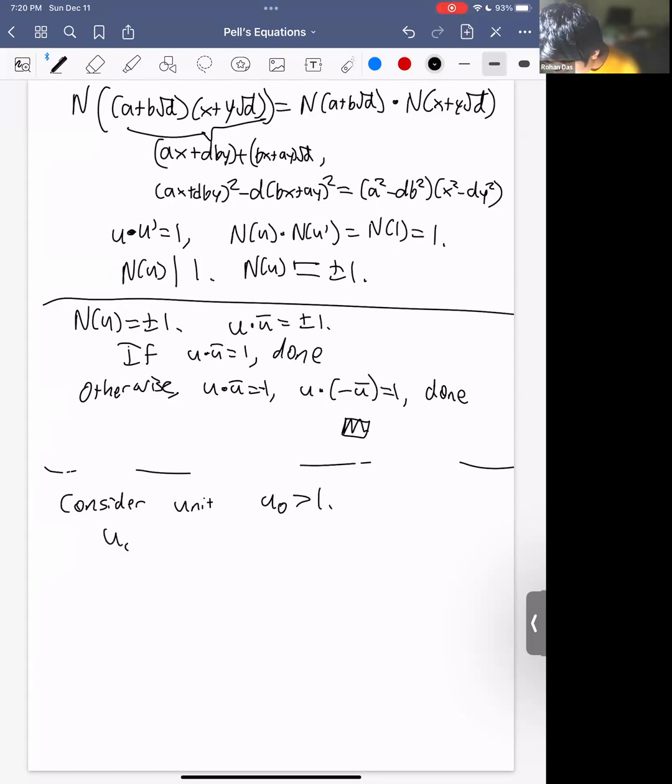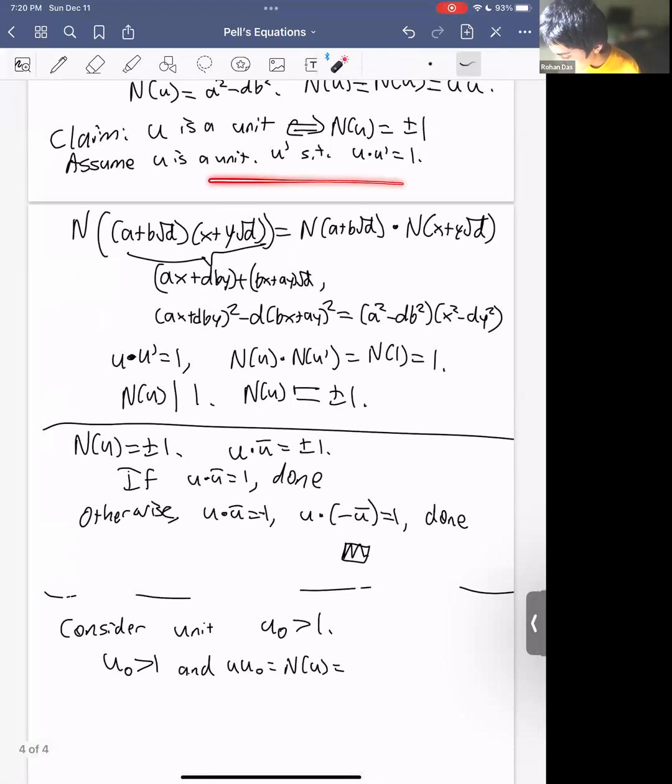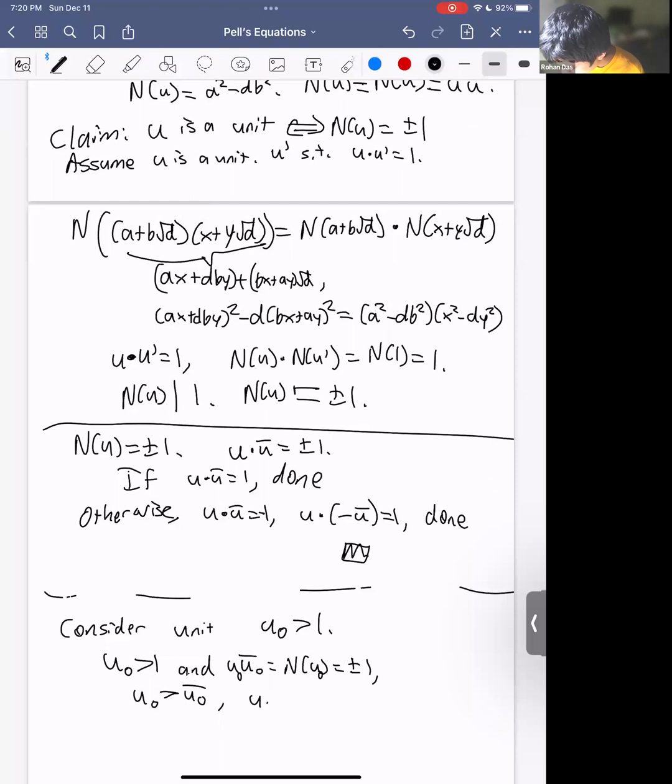Because u0 is greater than 1 and u0 times u0 bar is equal to the norm of u0, which we showed in this claim is plus or minus 1, we have that u0 is greater than u0 bar and u0 is greater than negative u0 bar.